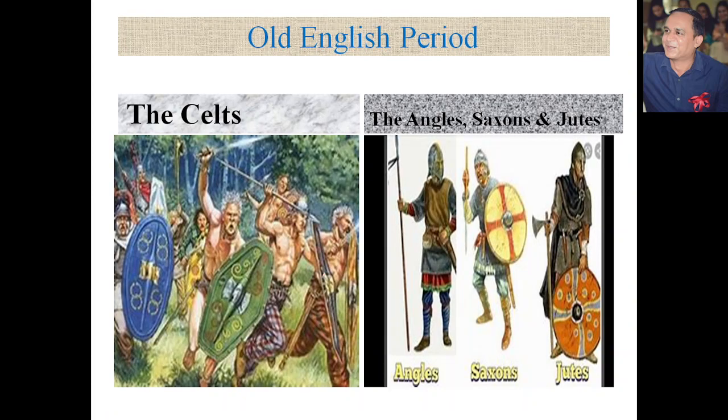So these were the Celts, who were the original inhabitants of England, the earliest inhabitants, right? Then came the Angles, the Saxons and the Jutes, and they invaded, they attacked, and they pushed these people to the borders, and they themselves settled in and around England, because they were more powerful. Now you cannot visualize the world as it was during those ages, because there were no national boundaries as such.